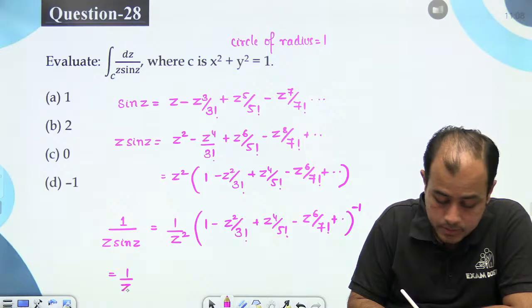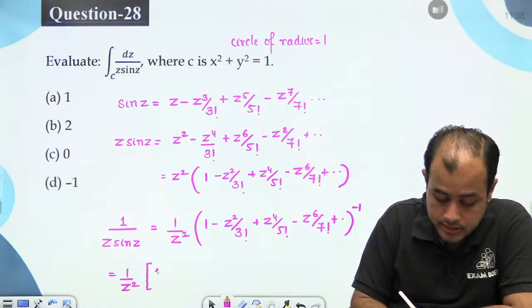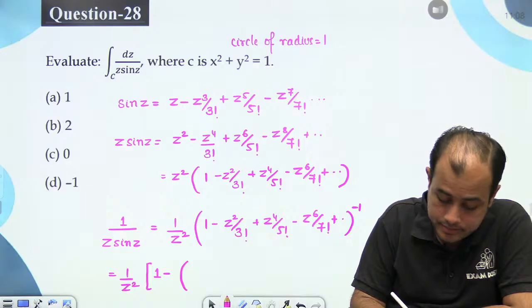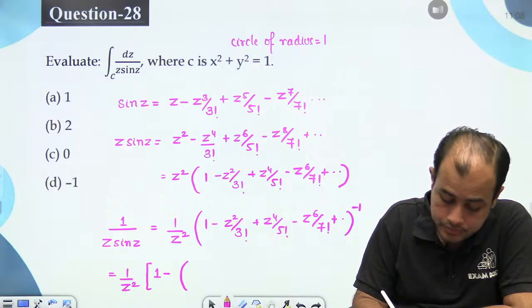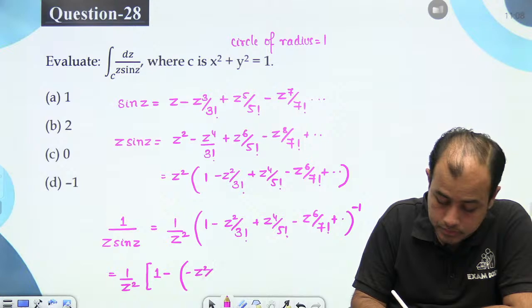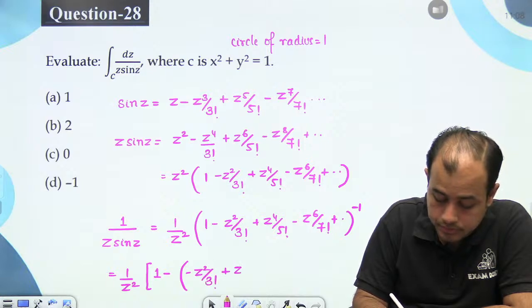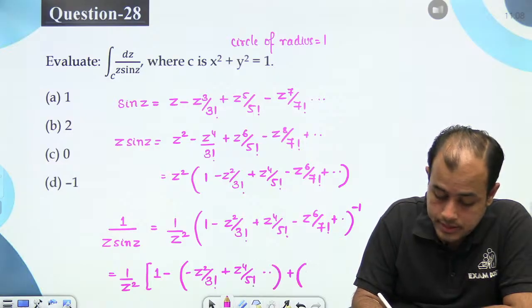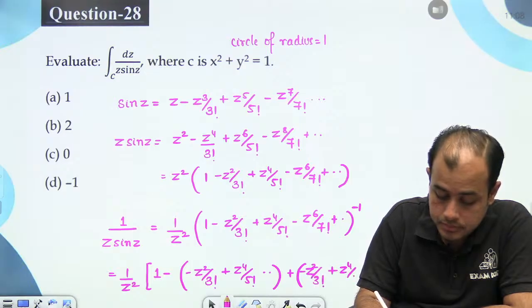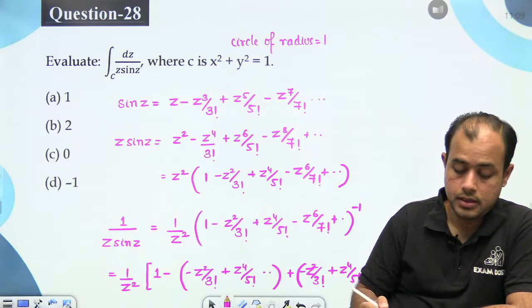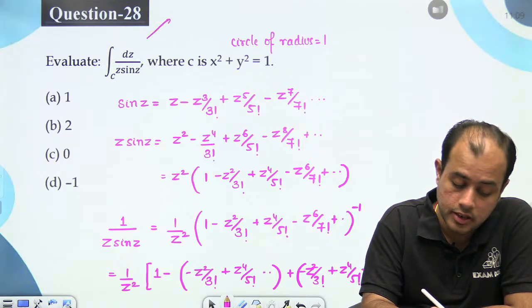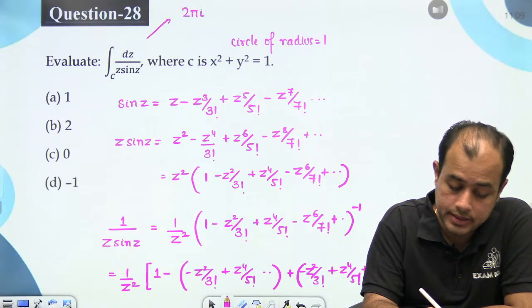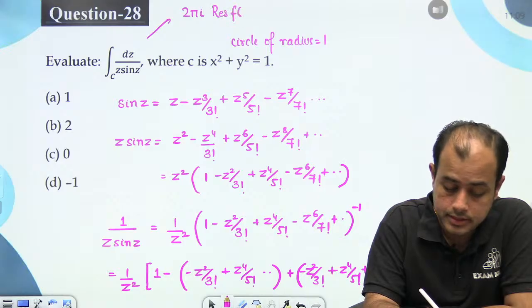So this can be expanded as a geometric progression. 1 minus x plus x square and so on. Now, on a closed curve by residue method, I can say this is this.